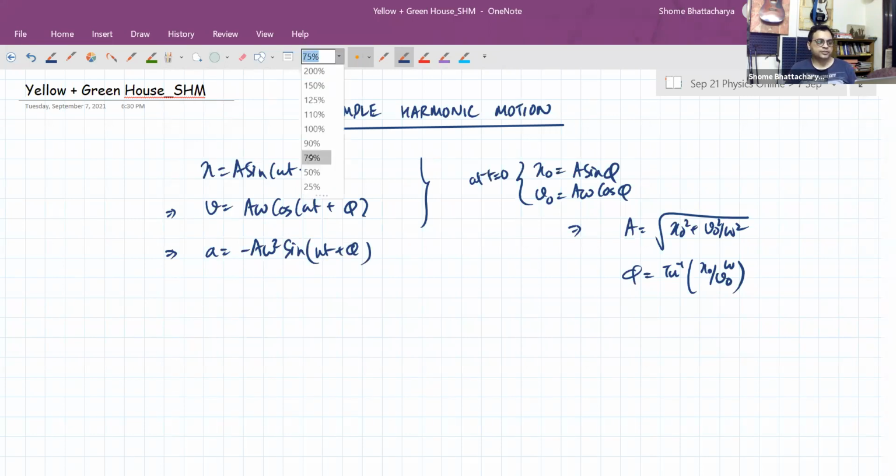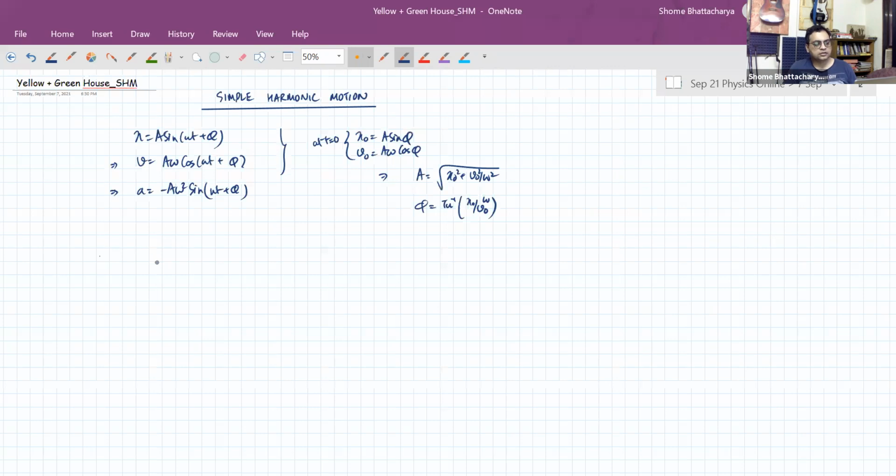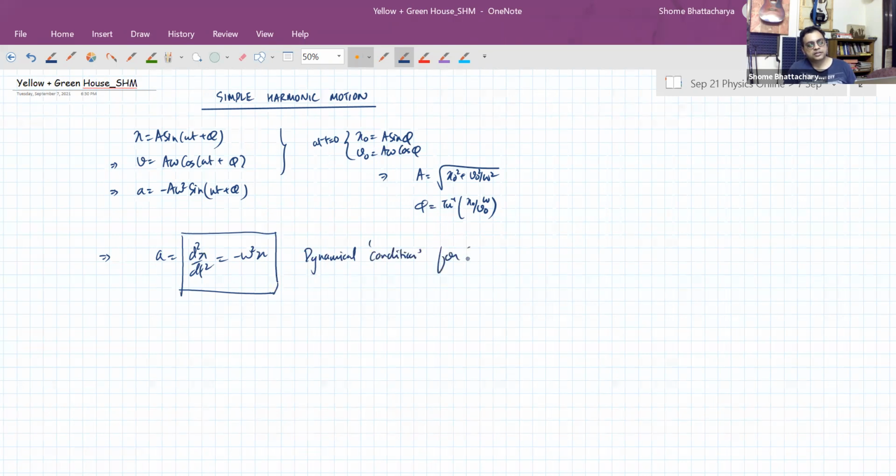Now comparing the first and the third equation here, the x versus t and the a versus t, we get that the acceleration, which we can write as d2x by dt square, is minus omega square x. So this is the dynamical condition for SHM, or net force.